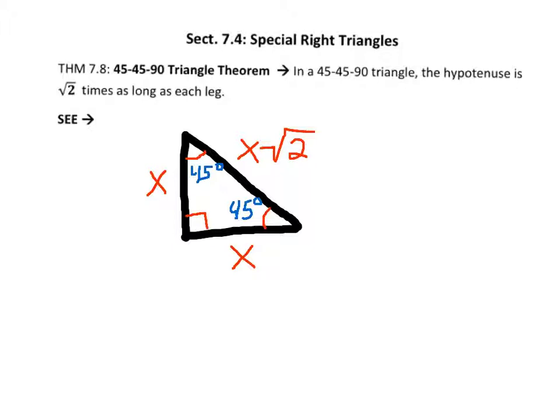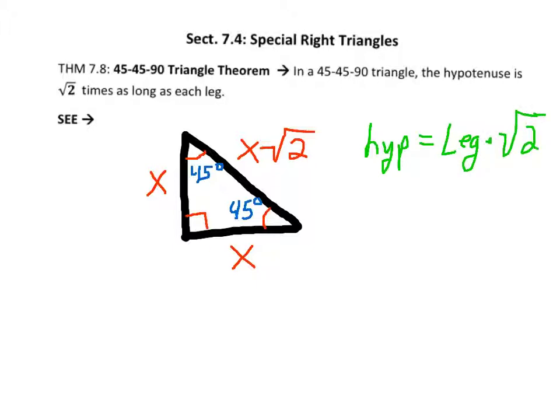Here are a couple formulas that'll help you out. The first one is the hypotenuse equals the leg times the square root of 2.